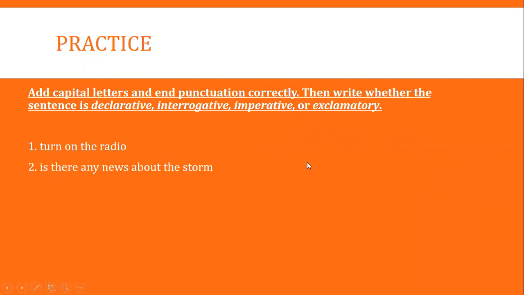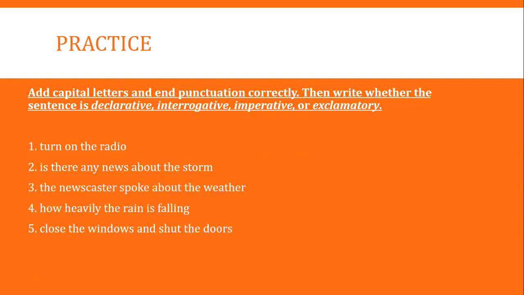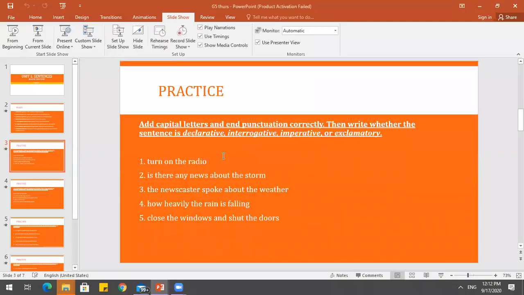Tell me what is wrong with the sentence. Tell me where we need to add a capital, which letter needs to be capital, and what the end punctuation should be. Yusuf, number 1. Turn on the radio.